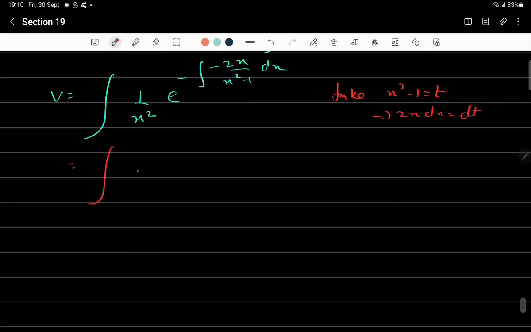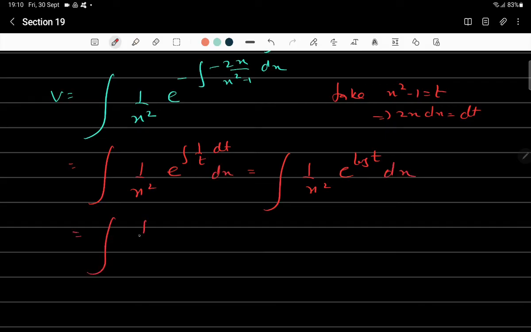So this becomes the integration of 1 by x square e raised to the power integration 1 by t dt, which is integration 1 by x square e raised to the power log t, and then dx, which is integration 1 by x square and t, which is x square minus 1, dx.